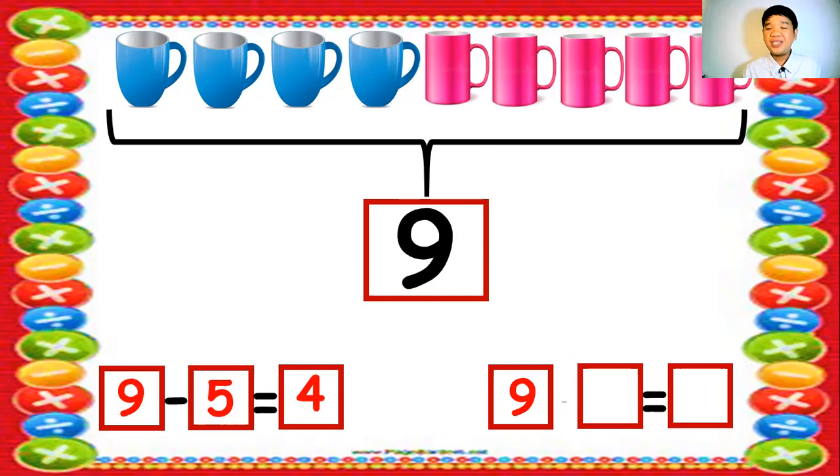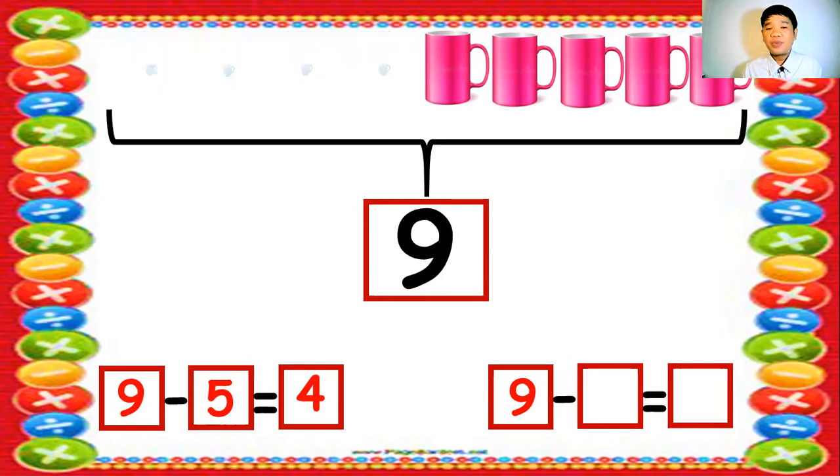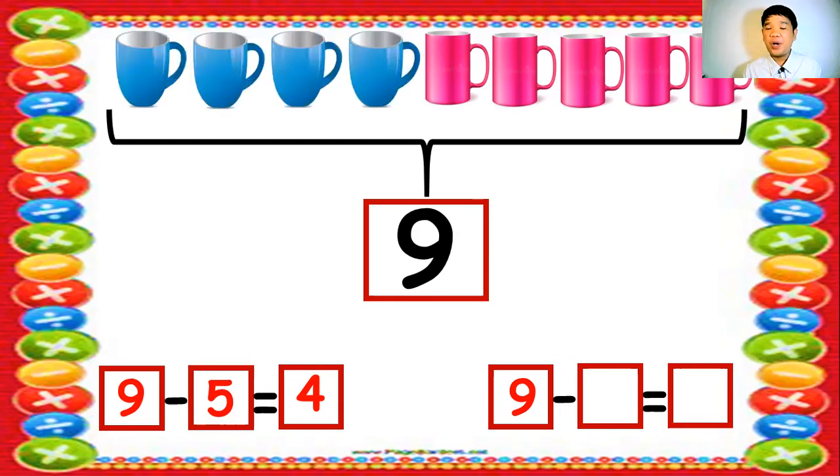All right, so what is our subtrahend? Since I am looking for the number of the pink cups or pink mugs, we have to write the number of the blue mugs or blue cups, and that is 4. So 9 is our minuend and 4 is our subtrahend.